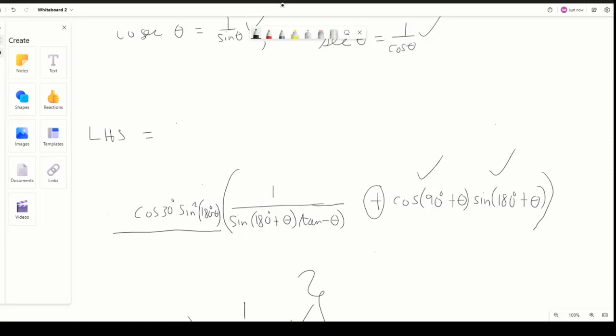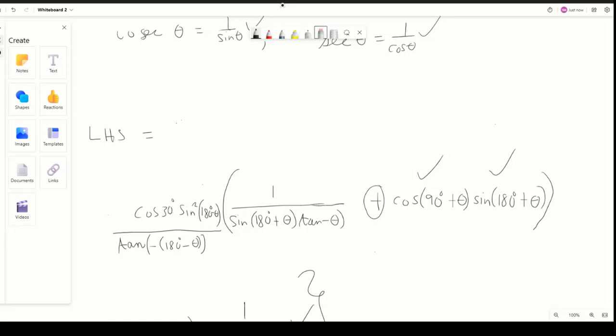The tan is the only one in the denominator. And look how I write it: tan of 180 degrees minus theta. Okay, just tan. The only one that was supposed to stay was the tan.